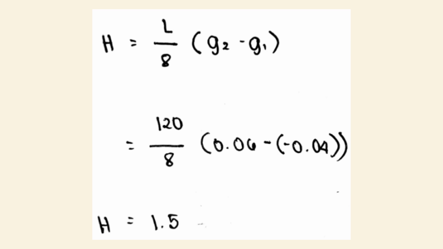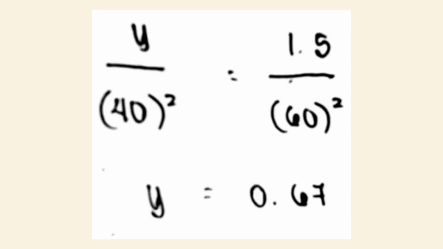First, the value of h would be computed as L over 8 multiplied by g sub 2 minus g sub 1. It is equal to 120 over 8 multiplied by 0.06 minus negative 0.04. Thus, h is equal to 1.5 meters.